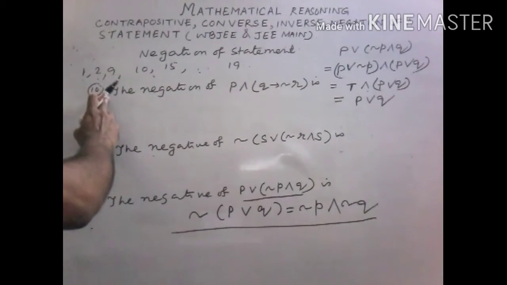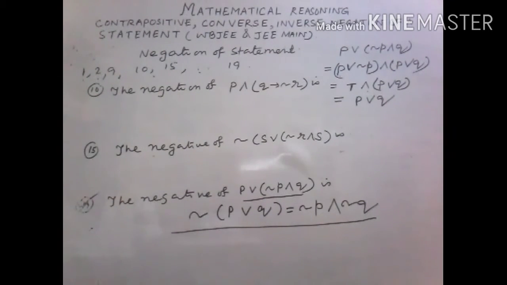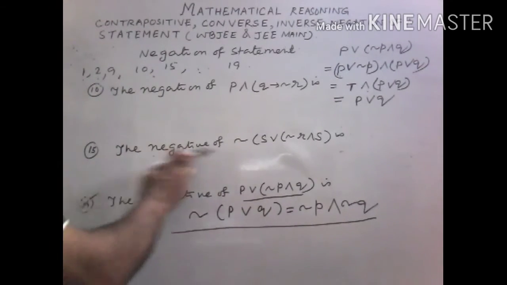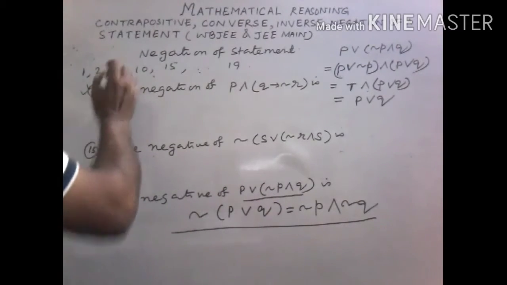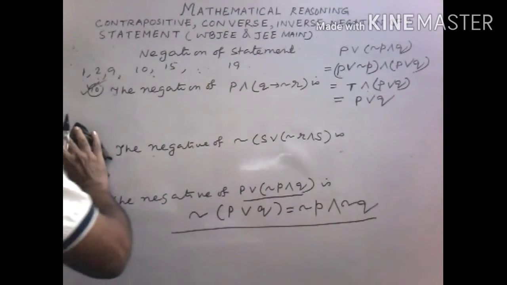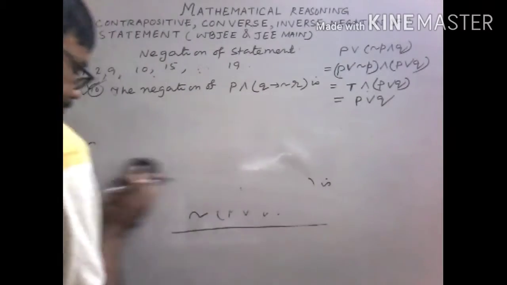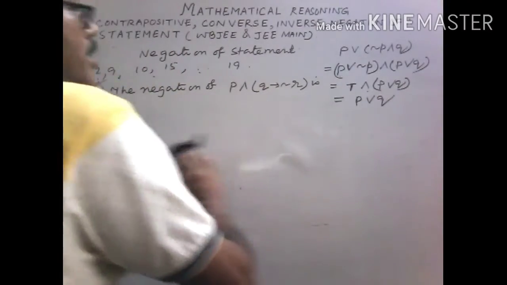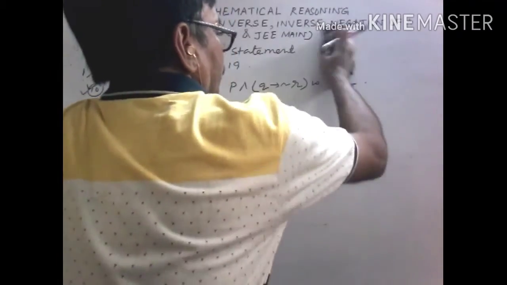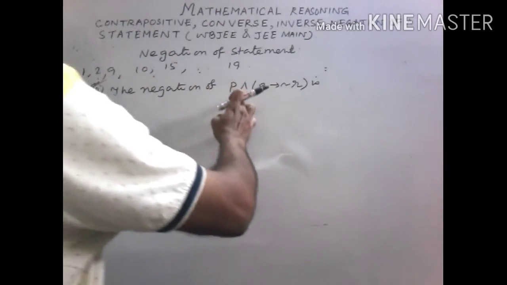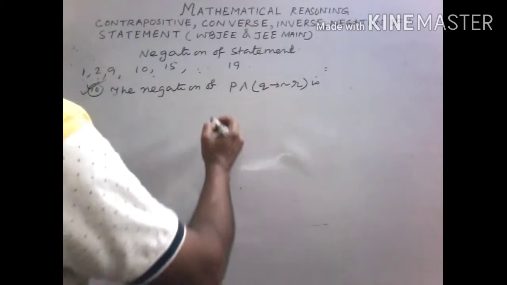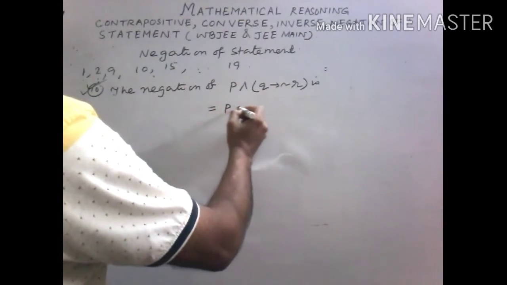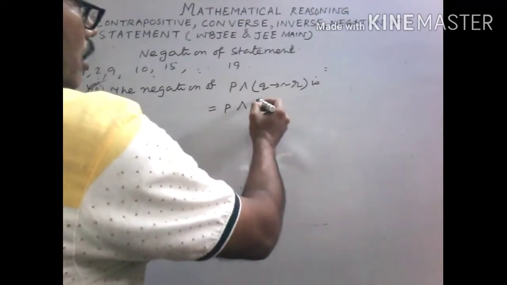Now problems number 10 and 15. This one is the same. Now we consider problem number 10. So the negation of this, P intersection this. So we simplify this part.